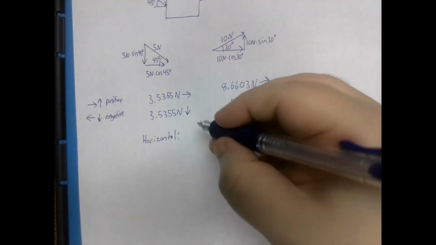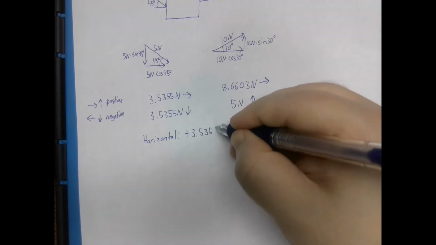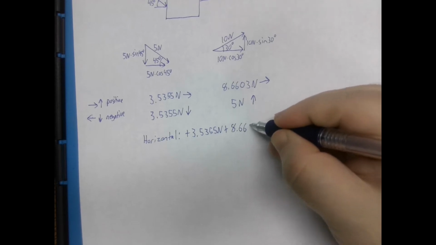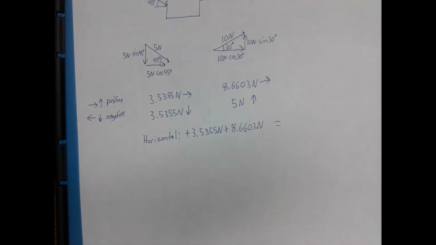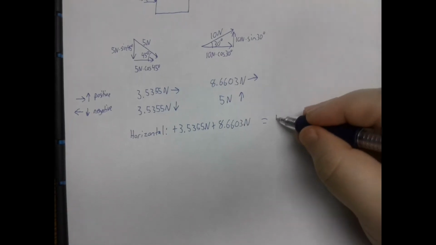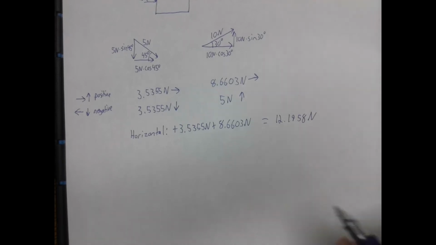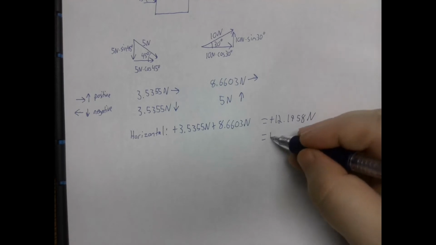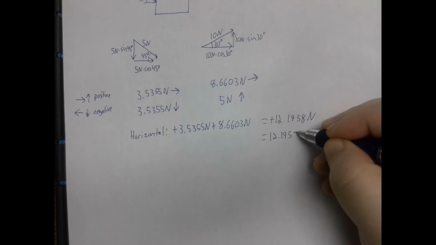Horizontal would be these top two numbers. So it'd be a positive 3.5355 newtons plus a positive 8.6603 newtons, and I get 12.1958 newtons. And since it's positive, you can go ahead and say that this is to the right.